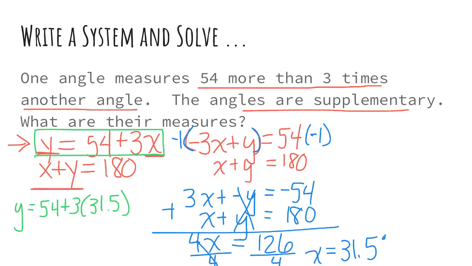So 3 times 31 5/10 plus 54. That means Y is going to end up to be 148.50. So my sentence would be, my angles are 31.5 degrees and 148.5 degrees. Those are the angle measurements.